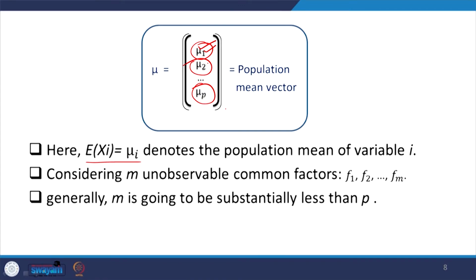Okay. So, considering m unobservable common factors, there is a set of common factors starting from 1 to m. Not necessarily will the number of factors be the same as the number of variables p in the vector.